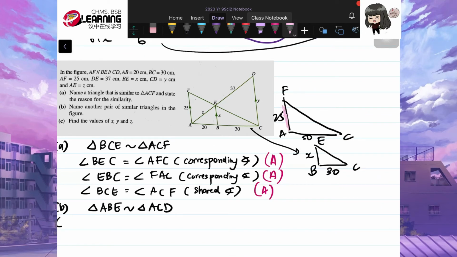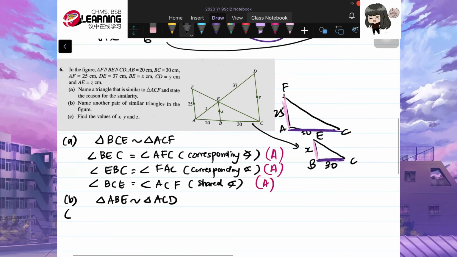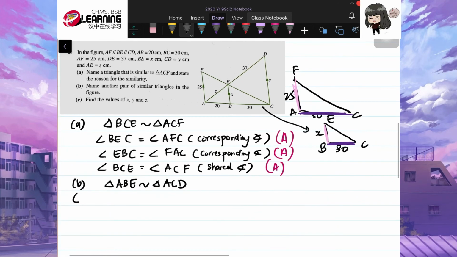Now I compare AF and BE, and then I compare BC with AC. If I write down the working, the pink one will be 25 over x, equals to the ratio of the purple one, 50 over 30.